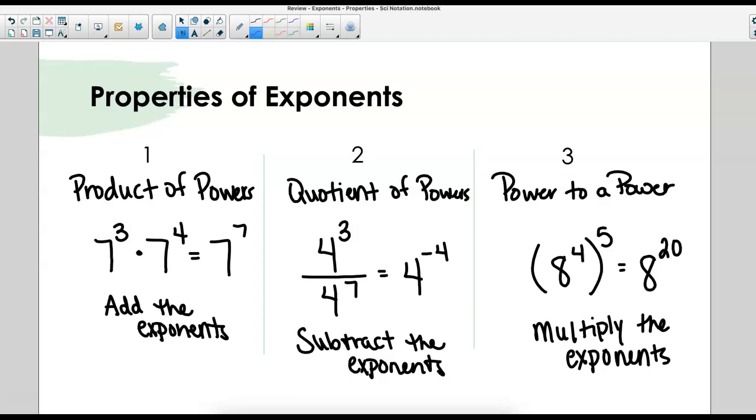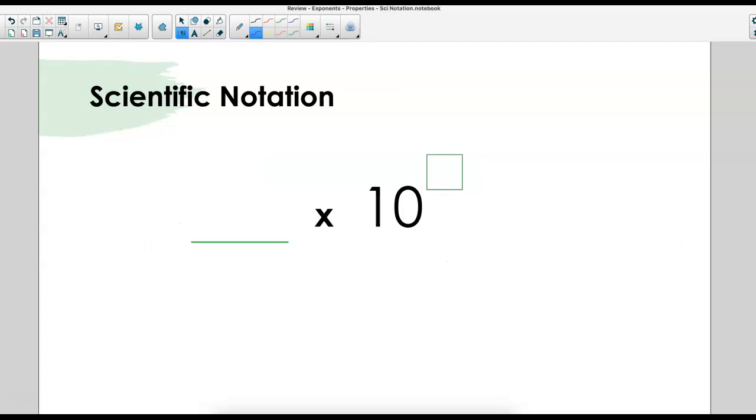Okay. The last thing we talked about last week was scientific notation. Scientific notation, remember, was a way to write really, really big numbers in a more manageable form. So we could get rid of all the zeros. We didn't want all the zeros. So when we write scientific notation, we were writing in this form where we have a base number times 10 to some power.